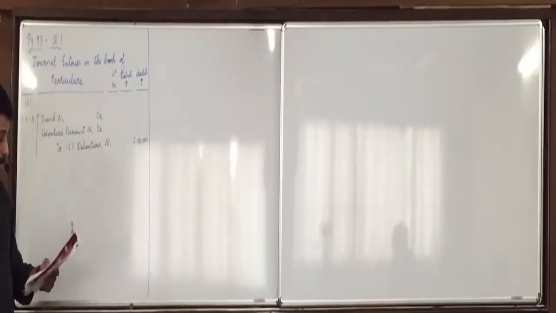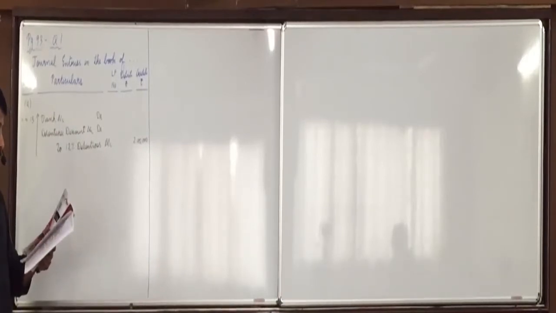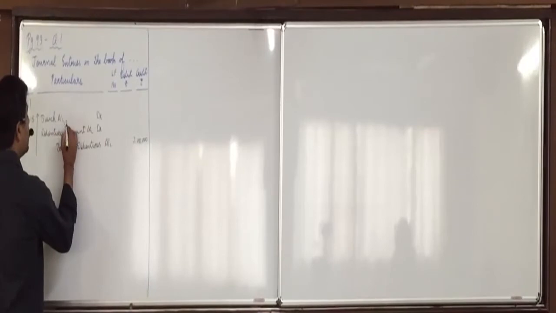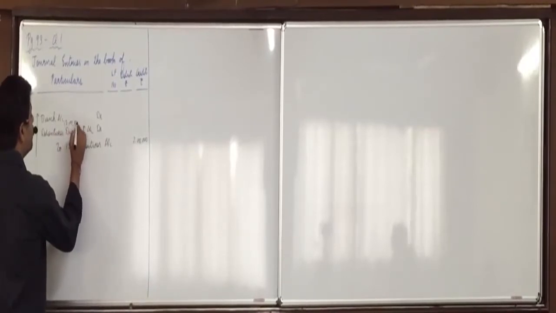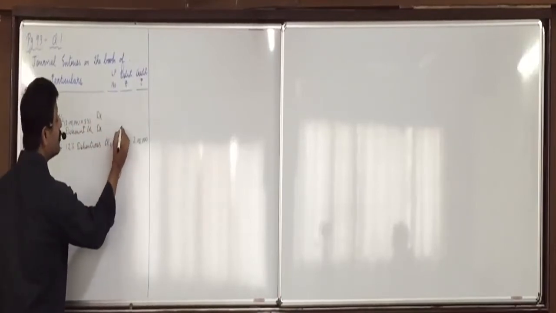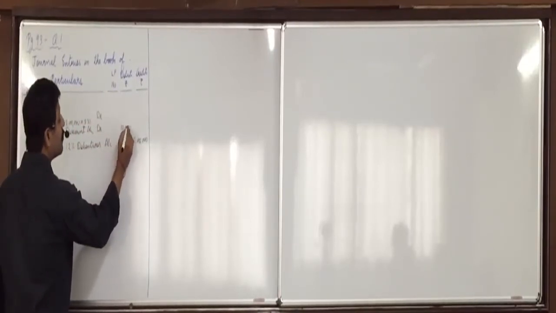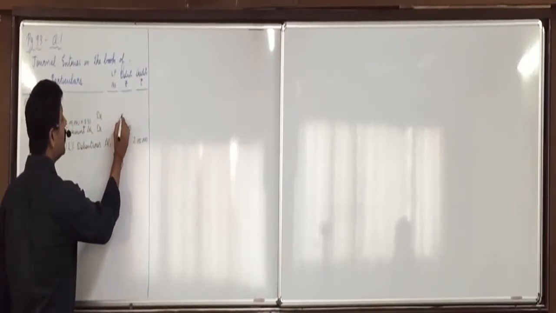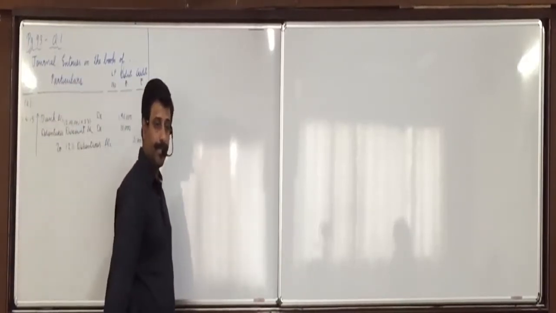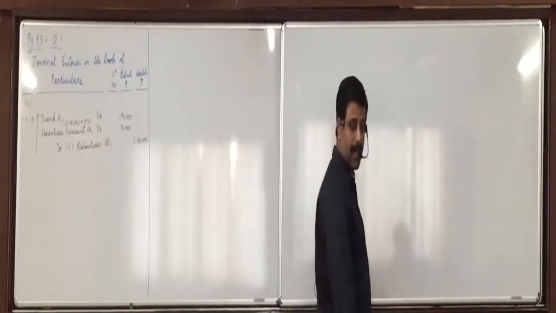Got it, everyone? Then discount of 5%. So 2 lakhs 5%, that is 10,000. 2 lakhs minus 10,000, 1,90,000 is what we would have received. Is everyone clear with this?